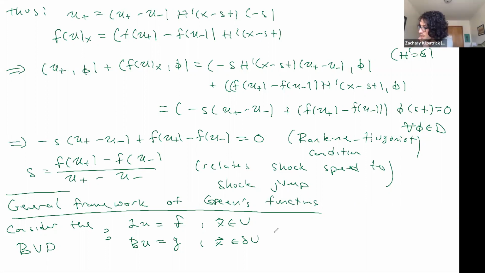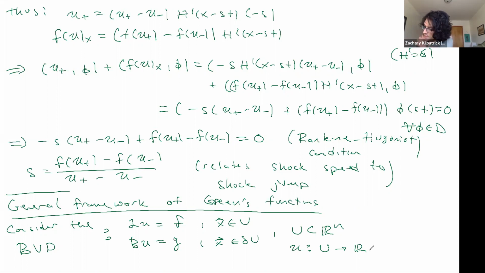But the idea usually is that U lives in, U is some subset of Rn here, and u is going to map U to some R value.